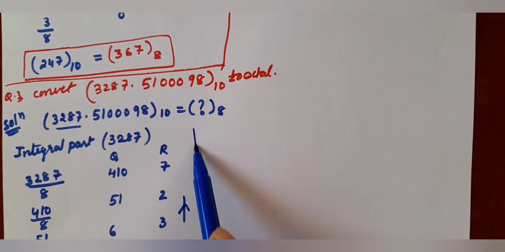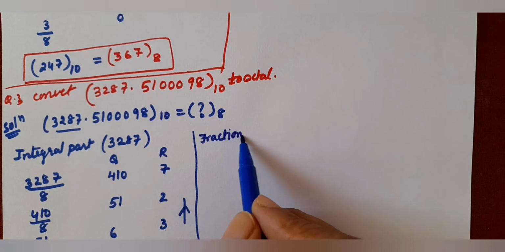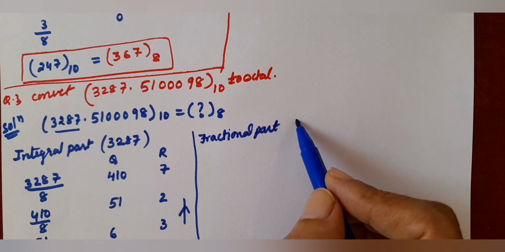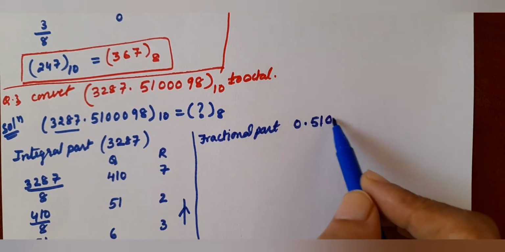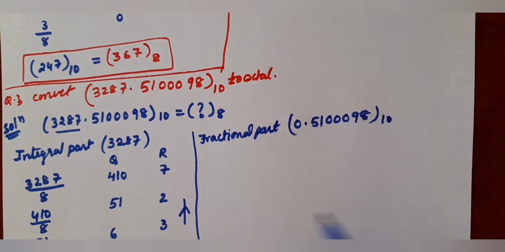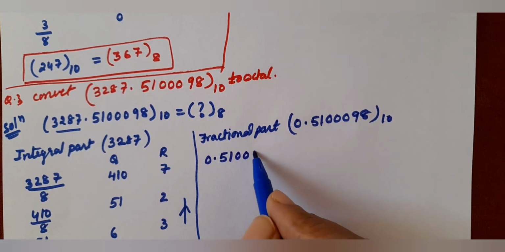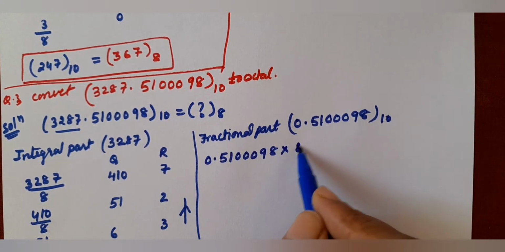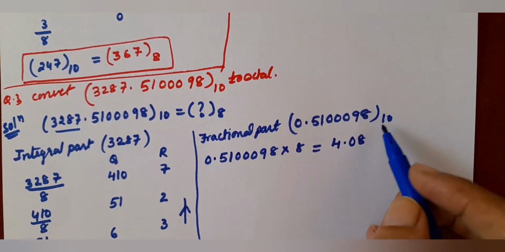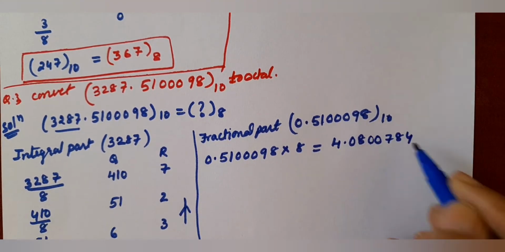How to do the fractional part? Multiply it by 8. What's the fractional part given? 0.510098. This is the decimal fractional part given to you. You have to multiply now. So multiply 0.510098 by 8. What is it coming? 4.080784.